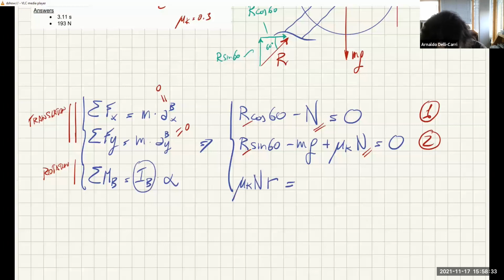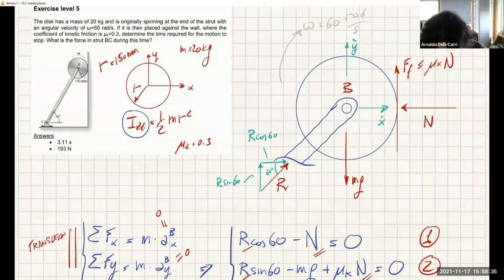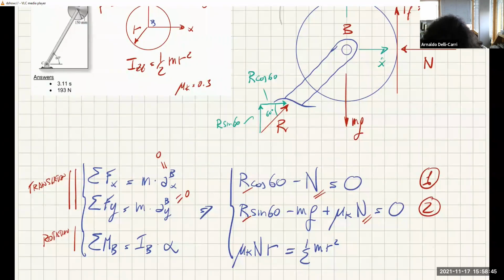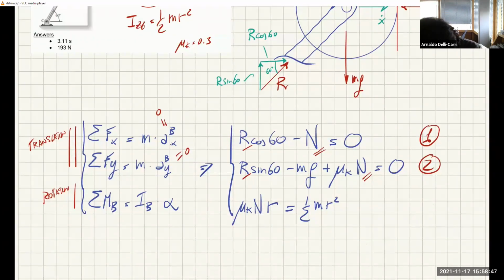I_B, what is I_B? I_B is I_zz in this case, because this is point B, so this is exactly I_zz. So 1/2 of the mass r squared, the same r of the radius, times alpha. Let's check how many unknowns we have here. We have the second unknown, and the third unknown here. There you go, everything else is given.